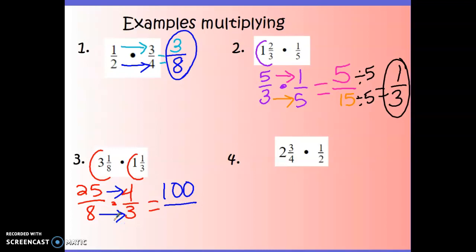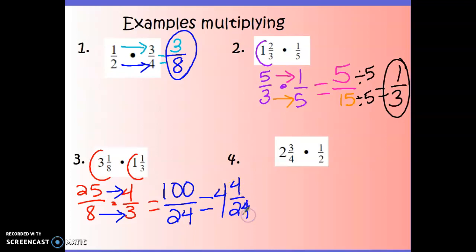Denominator times denominator is 24. This is where you've got to set it up and divide it out. You have to change your improper fraction back to a mixed number. So 100 divided by 24 gives me 4, because I have 4 wholes that can go in, which is 96. So then I have 4 out of 24 left.